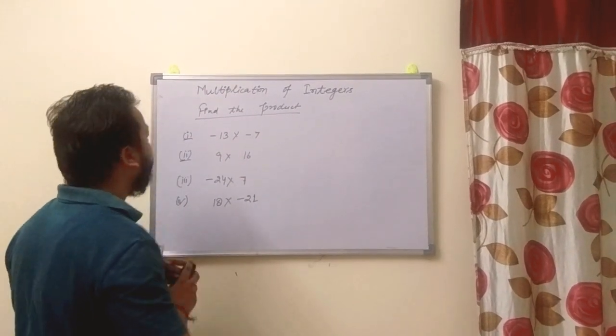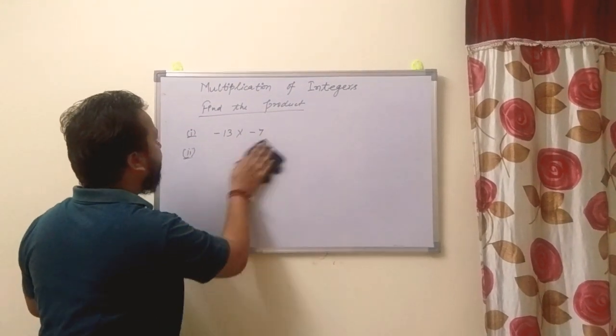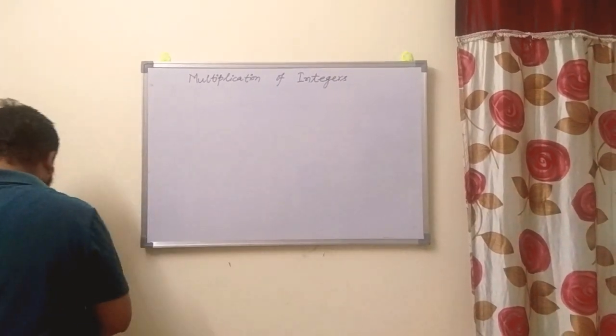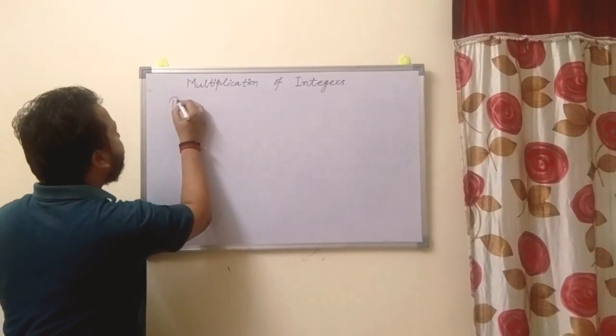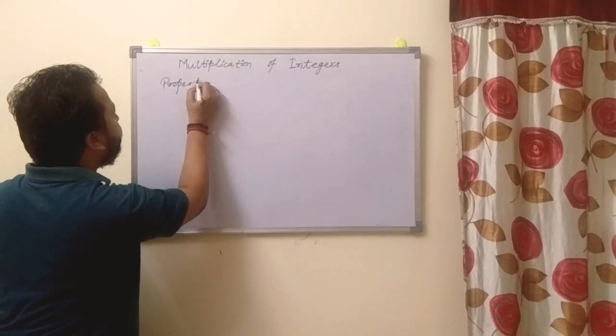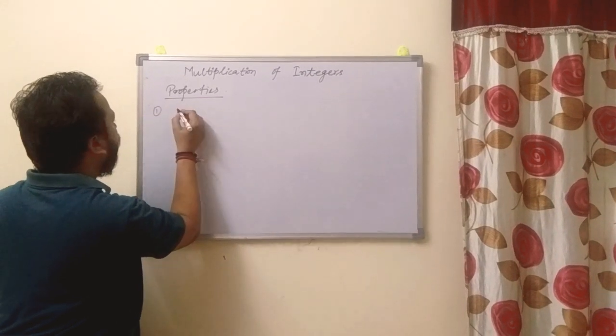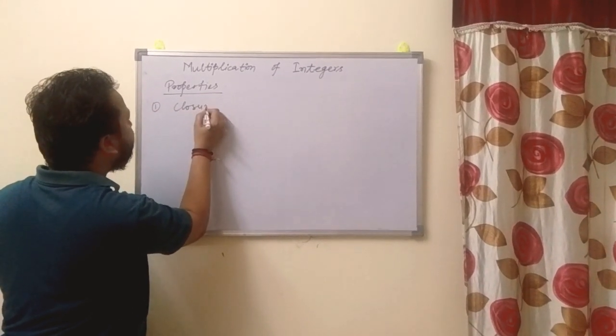Now come to the properties of multiplication. First property, you all know, that is closure property.